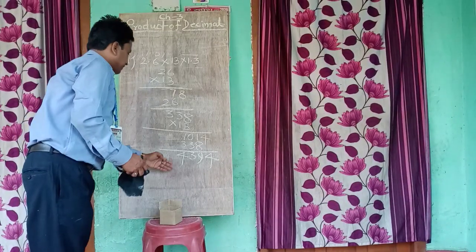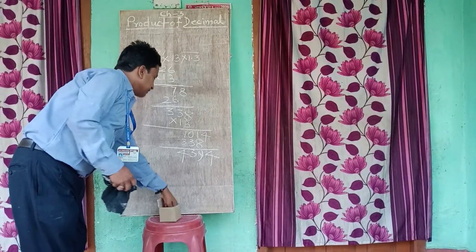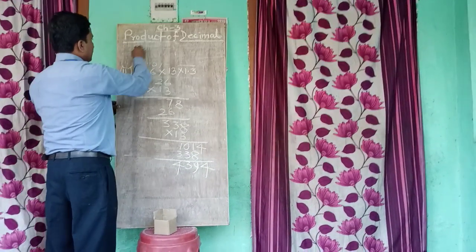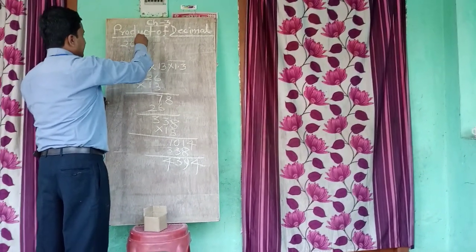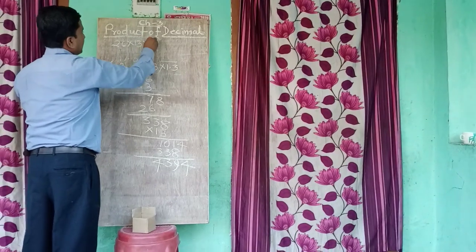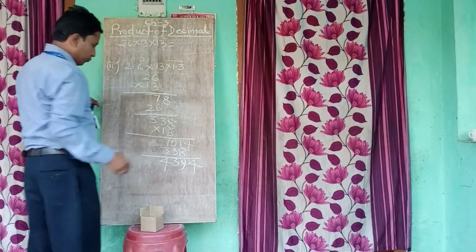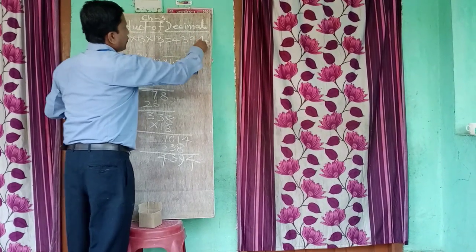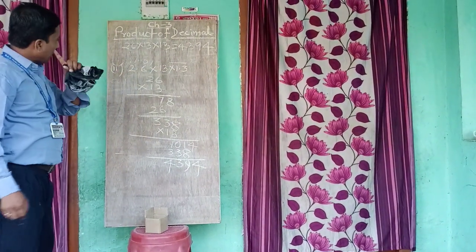Now after this you have to write here: 26 into 13 is equal to 4394.